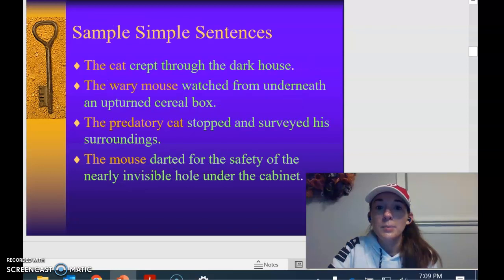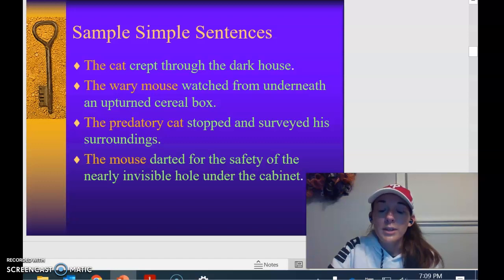So in our examples of simple sentences, the cat, which is our subject, crept through the dark house, meaning its action or the verb, which is crept, and then through the dark house. So once again, our subject in orange, the wary mouse, then its action in green, watched from underneath an upturned cereal box.